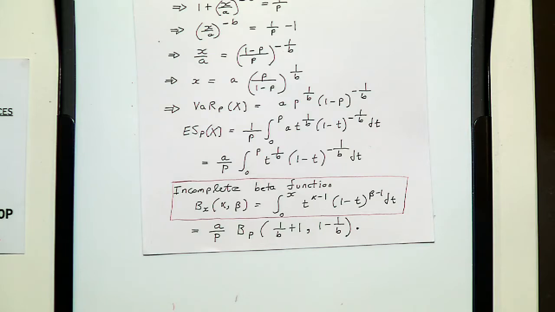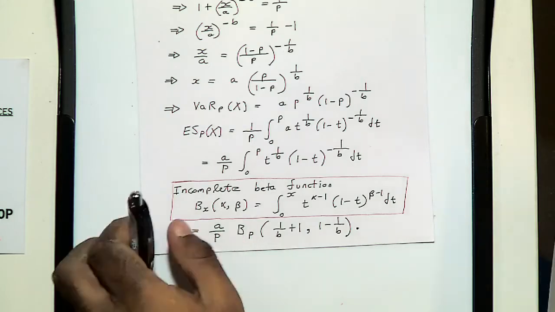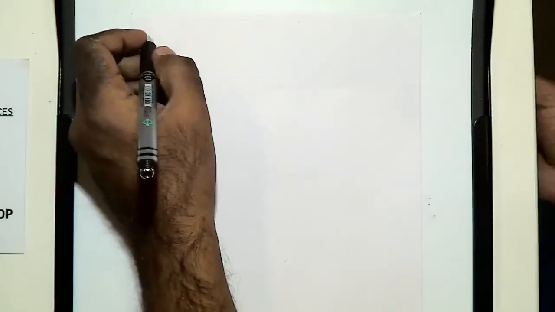All right, the next question is question number 7 on the problem sheet, which is a Lomax distribution. Lomax is a different name for Pareto type 2. This is question number 7.